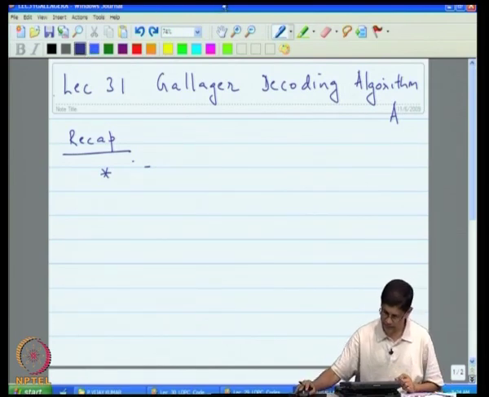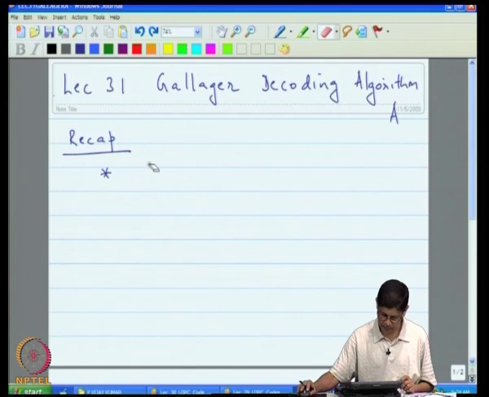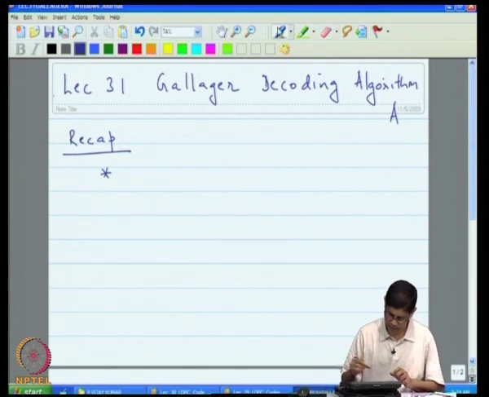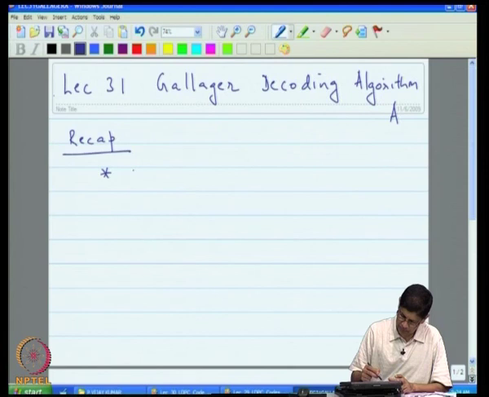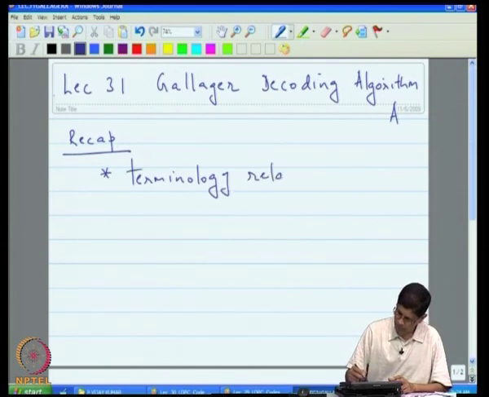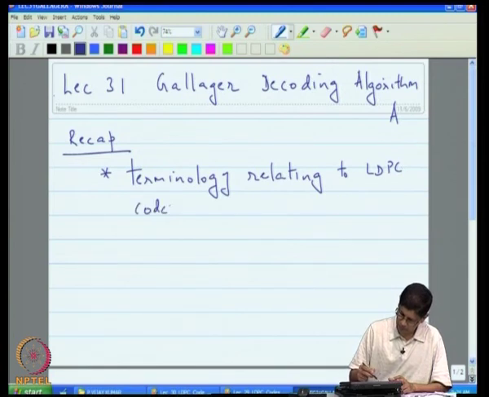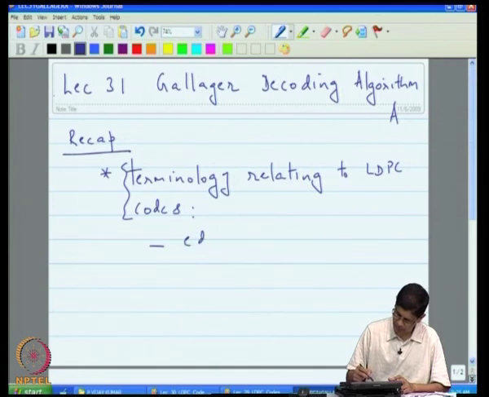So in the last lecture what we did was we basically introduced a terminology relating to LDPC codes. So we talked about edges, paths and neighborhoods.